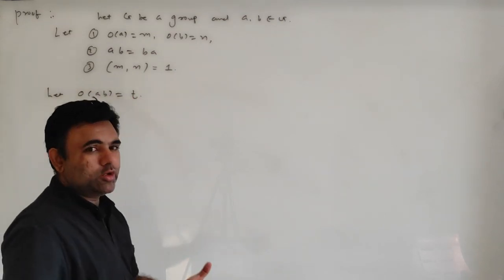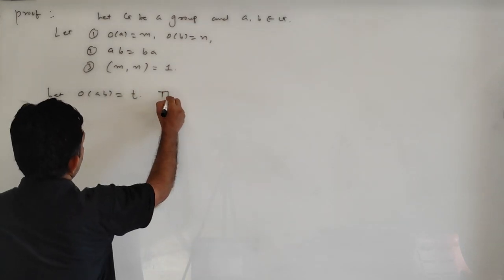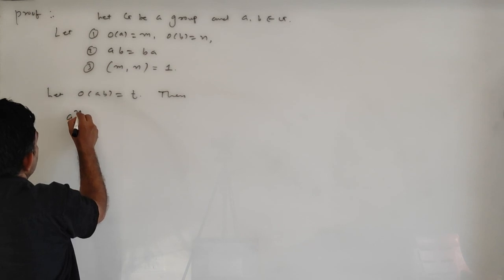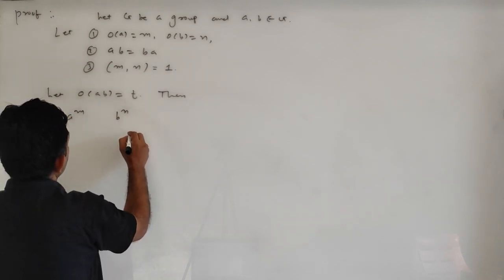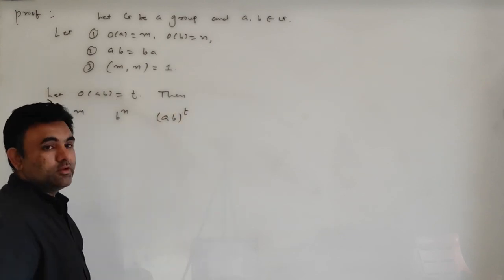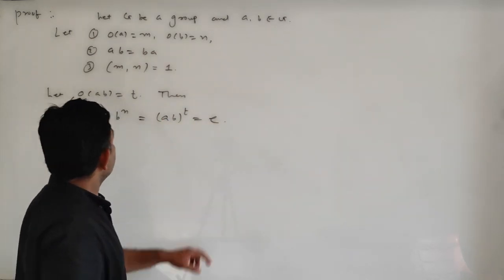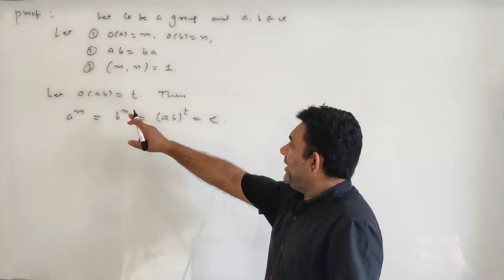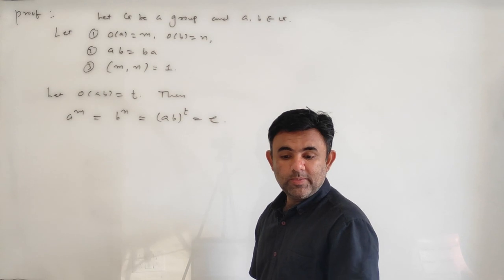I don't know what the order of AB is, so let me say it is t. Then see, order of A is m, so A raised to m. Order of B is n, so B raised to n. And order of AB is t, so AB raised to t. These three things give me identity, because order of A is m, order of B is n, and order of AB is t, so the corresponding powers give me identity.